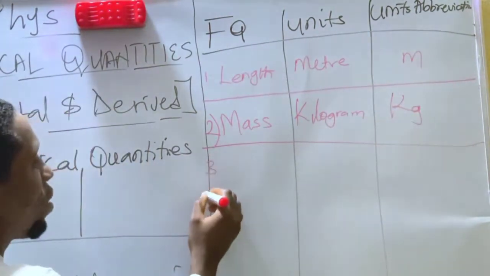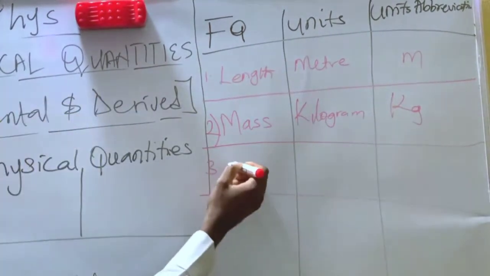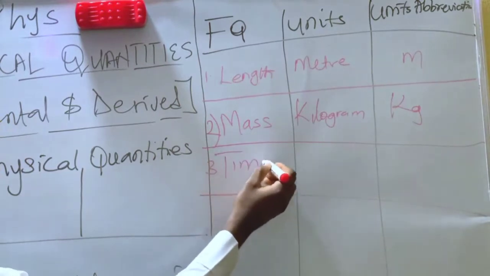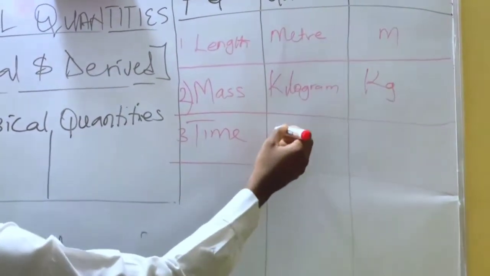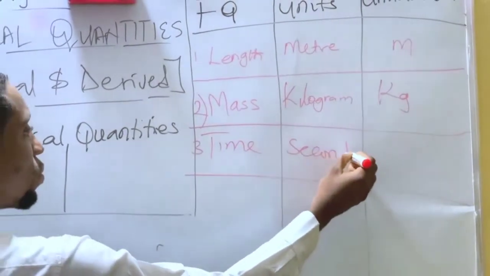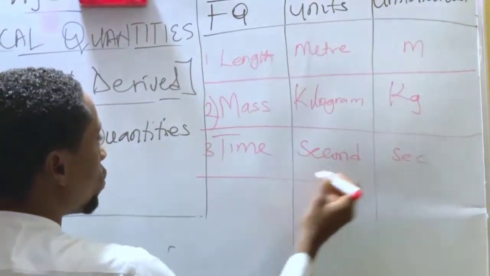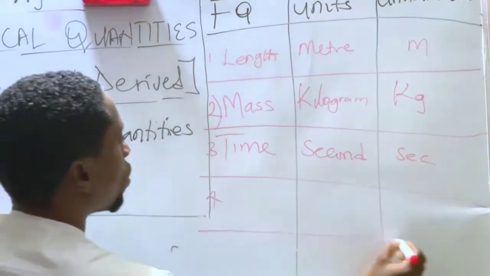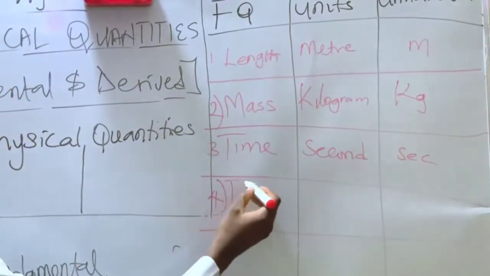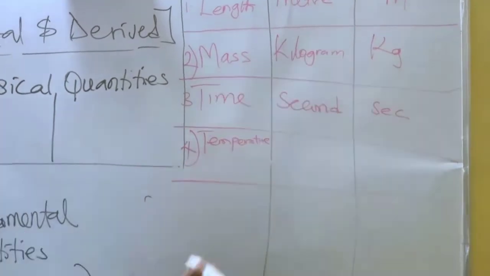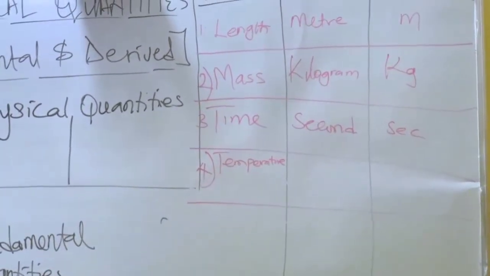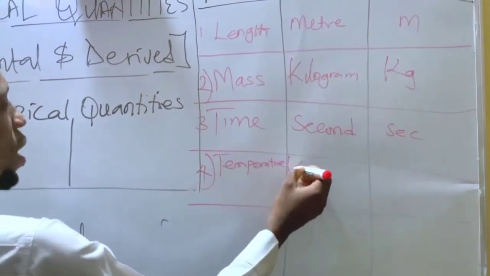Then we have number 3, time. Time is measured in second. Number 4, we have temperature. Temperature is measured in Kelvin.